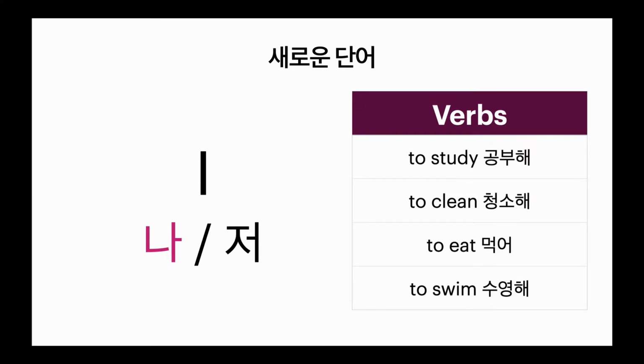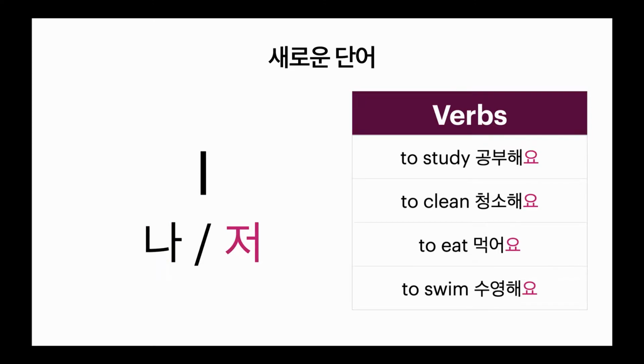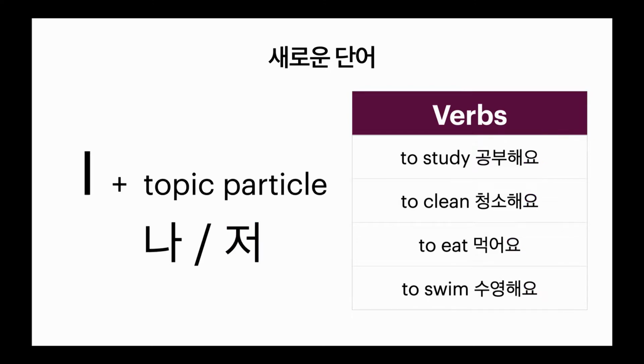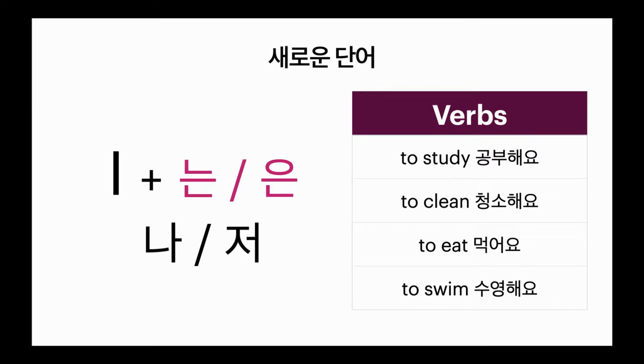But like in the previous videos, we're going to be practicing polite form, which means we will be using 저, so let's add the 요 back to the verbs. Now we need to do I plus the topic particle, which we learned in the last lesson. And the topic particle was either 는 or 은. Now na ends with a vowel, which means it's 나는. And 저 also ends with a vowel, so it's also 저는. And for the 100th time, we are going to be practicing polite form today, which means we'll be using 저는.